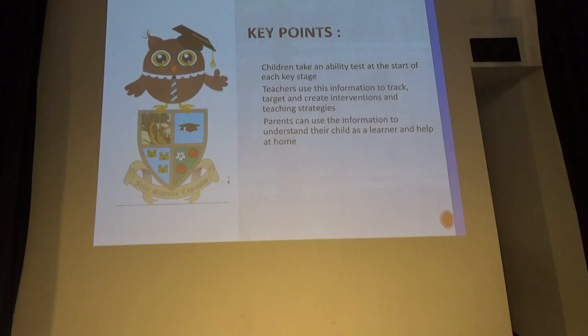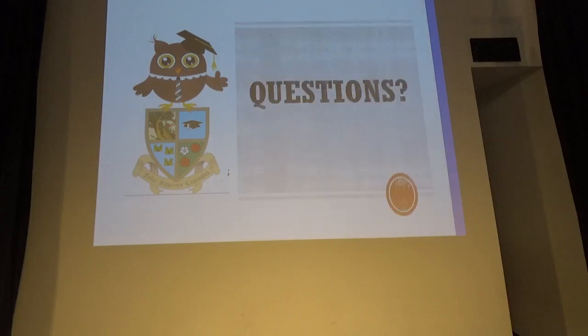So we use the information to track our children, to give us ideas for how to support the children, to give us more information about what they are like as learners. But you get the parent report as well, so that you can also have that kind of information to help you understand your child as a learner and what you can do to support them at home. Any questions?